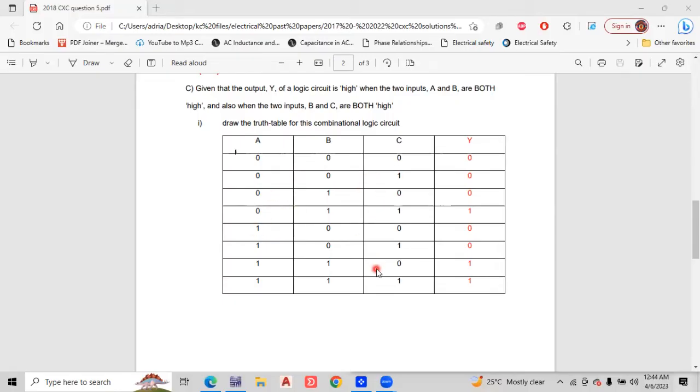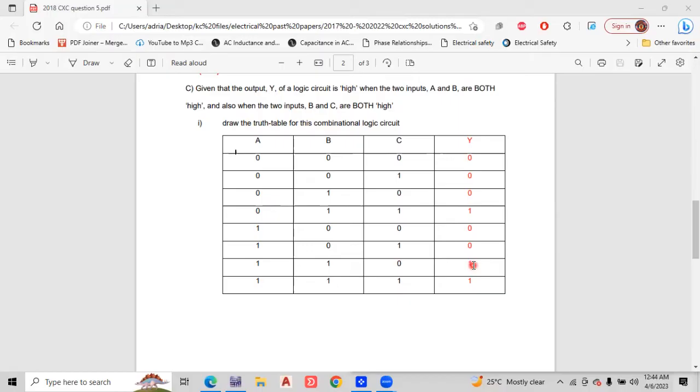Now, based on the criteria that was given, the output Y of the logic circuit is high when two inputs A and B are both high. So we need to look for when A and B are high, then we'll have a 1 output. Here we have A, 1, B, 1, so we're going to have an output of 1.